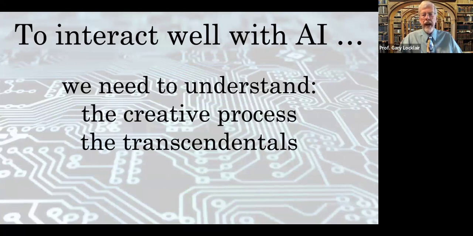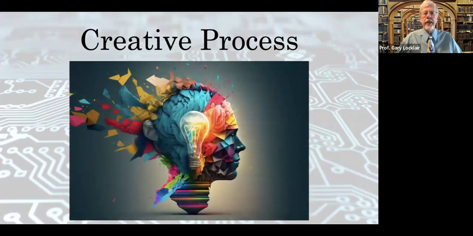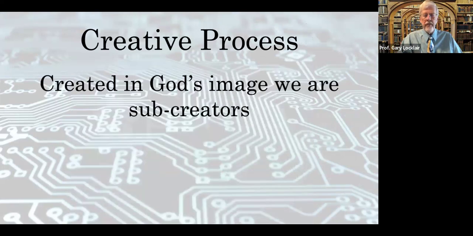To interact well with AI, first of all, we need to understand the creative process. Yes, human beings created AI and they followed a process. But when you're using AI, your purpose is also to create something there. The creative process.